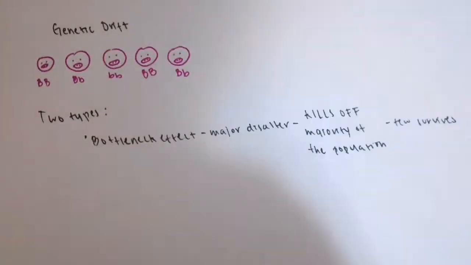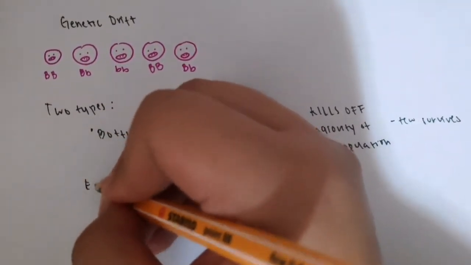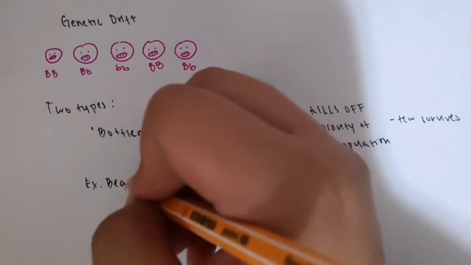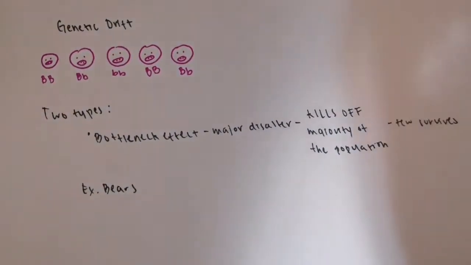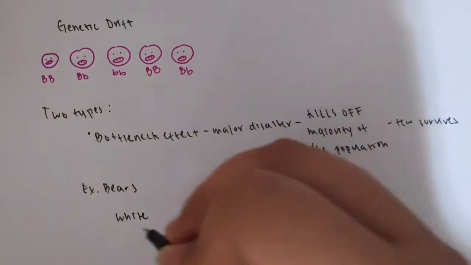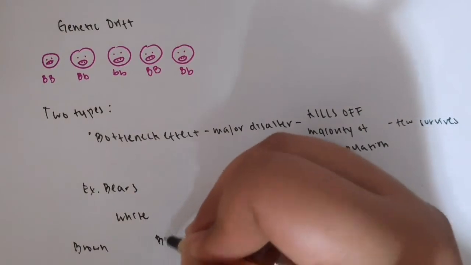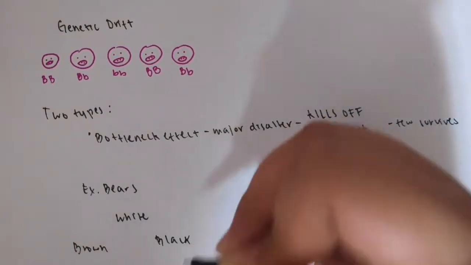An example of bottleneck effect is bears living in the mountains. For example, there are white bears and there are brown bears and there are black bears living in the mountain.